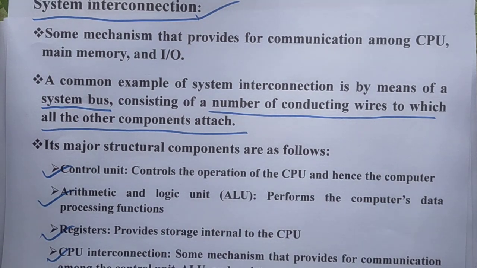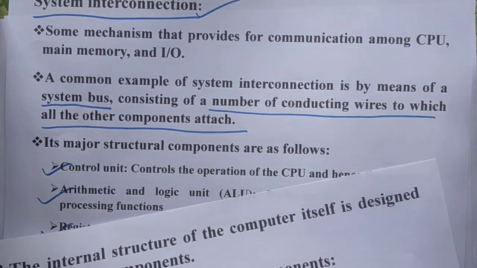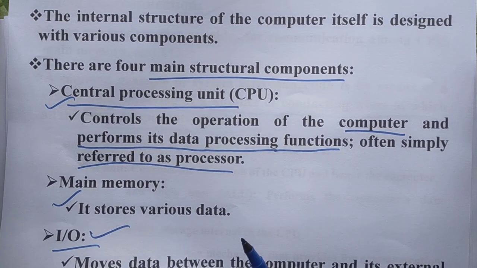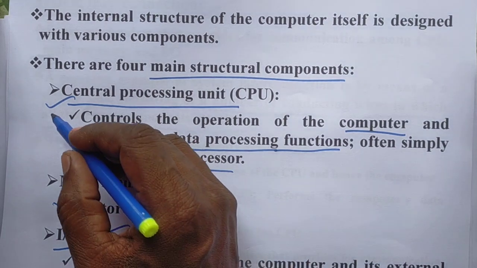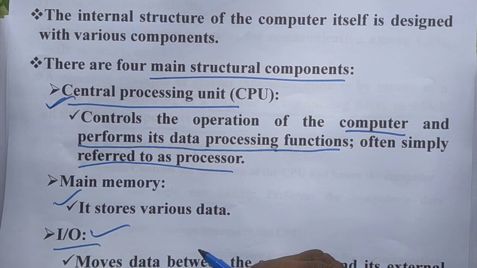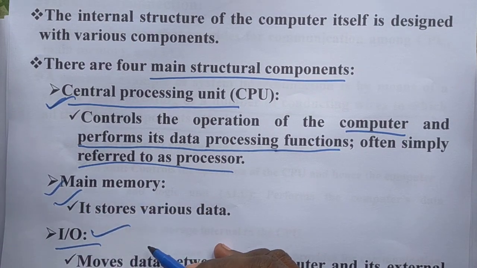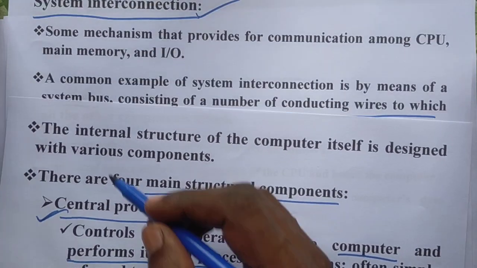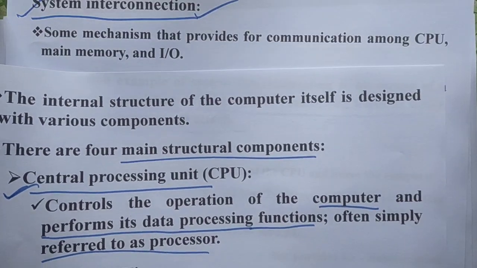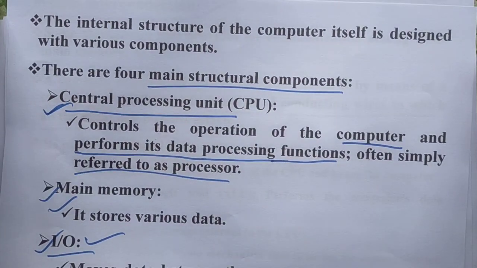If you go through the structural components, one main part is the central processing unit, next is main memory, next is IO, and the last one is system interconnection. The CPU can also be divided and defined in different ways.